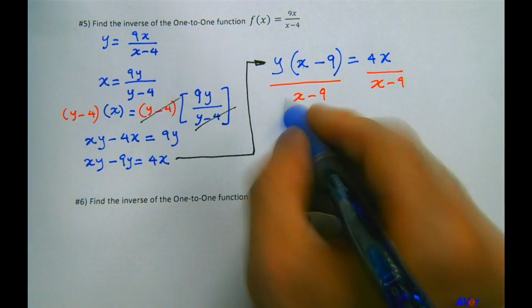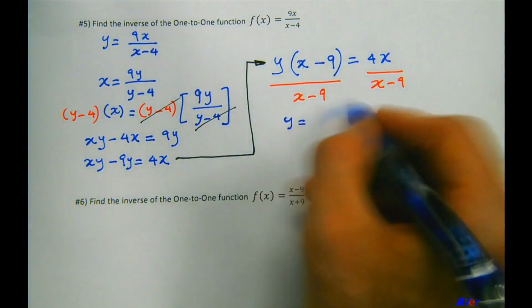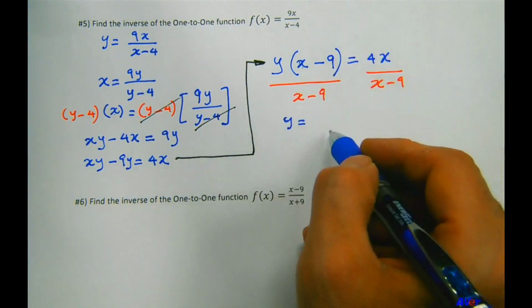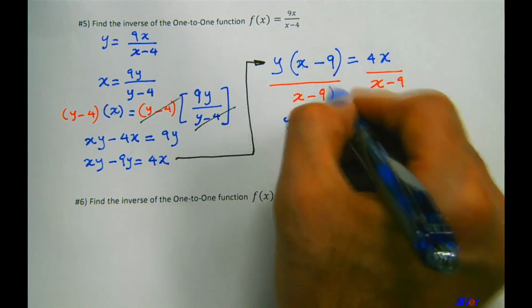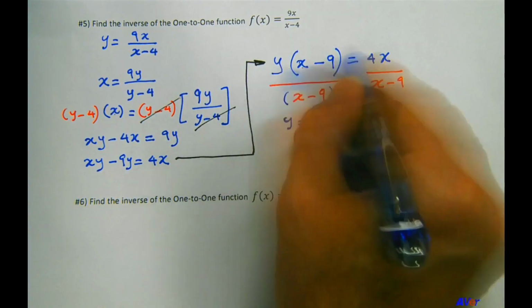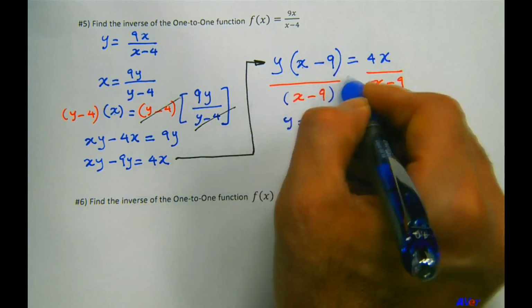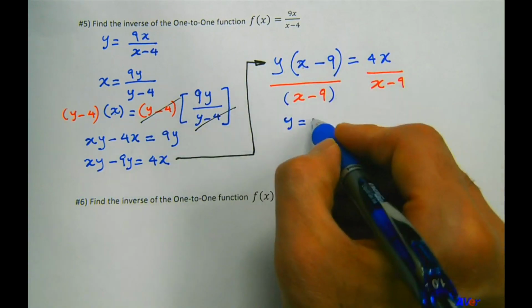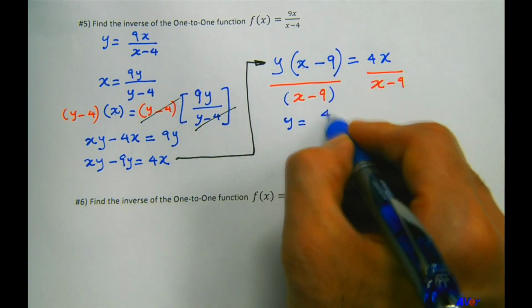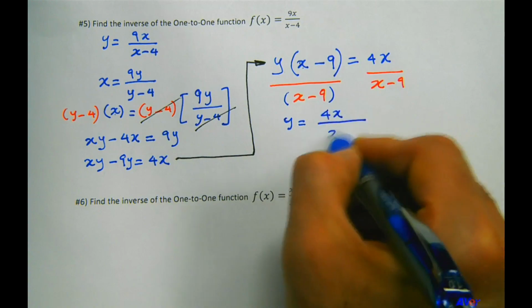And we end up with y equals, so x minus 9 and x minus 9 cancel, because this whole thing is being multiplied by y, so we can cancel that whole thing with this whole thing. Y equals 4x divided by x minus 9.